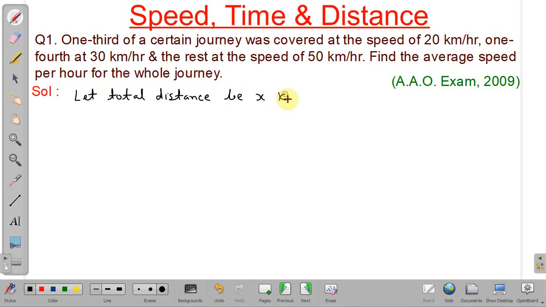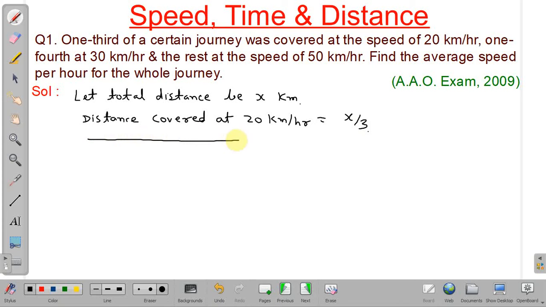So distance covered at 20 km per hour. See, one third is covered at 20 km per hour, so it will be x by 3.